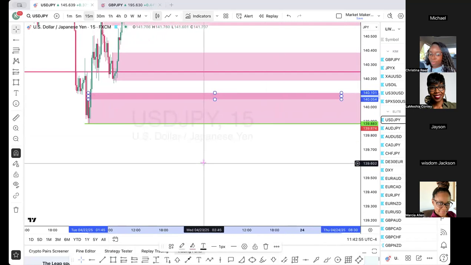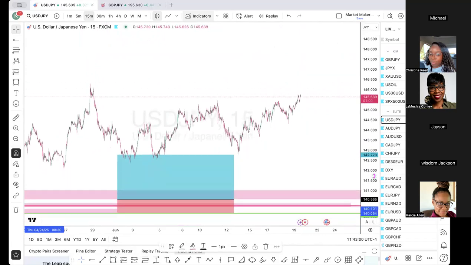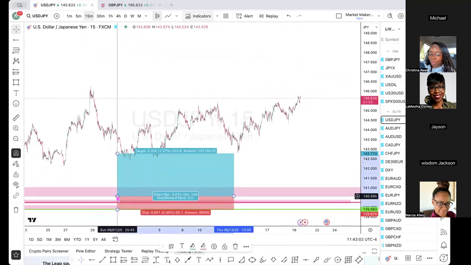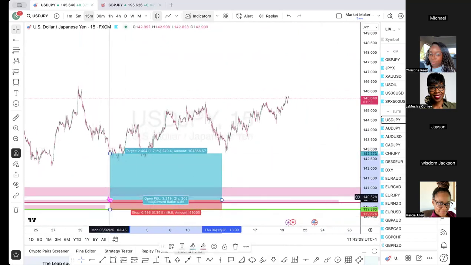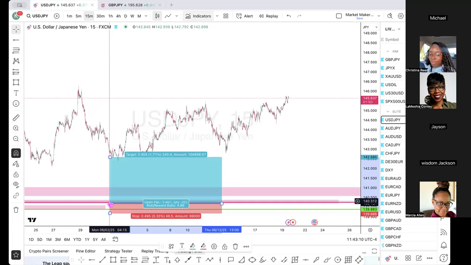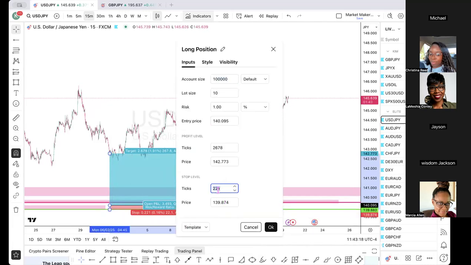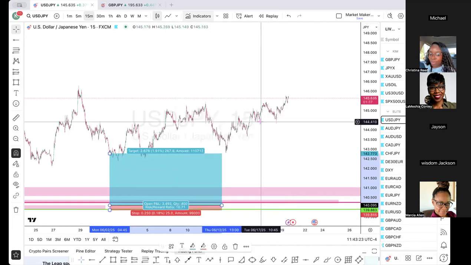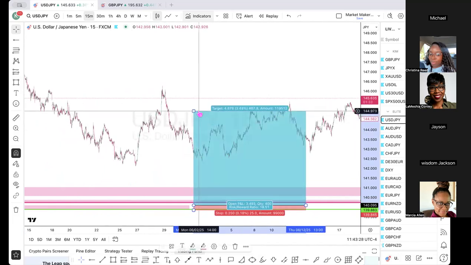Now I want to narrow because I'm on the 15-minute. So now I'm narrowing my entry point. That's 22 pips. I would bump it up to 25. So I narrowed my stop loss, my risk, to 25 pips versus 114.